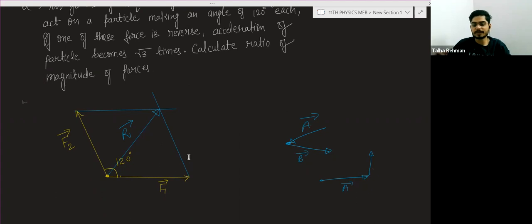And it is given that this force is acting on a particle, and particle represents a very small thing. So you can say this force is acting like this, and this force is acting like this on the particle. So it is understood that you will write the forces like this.